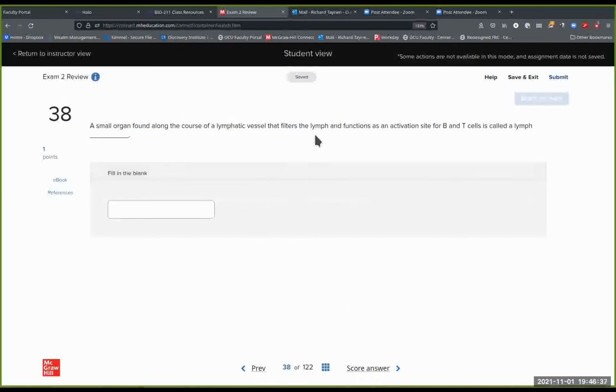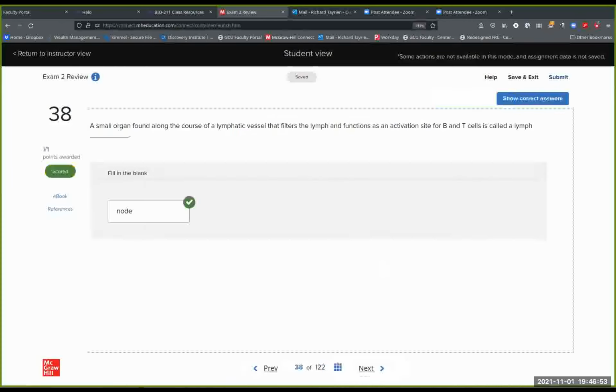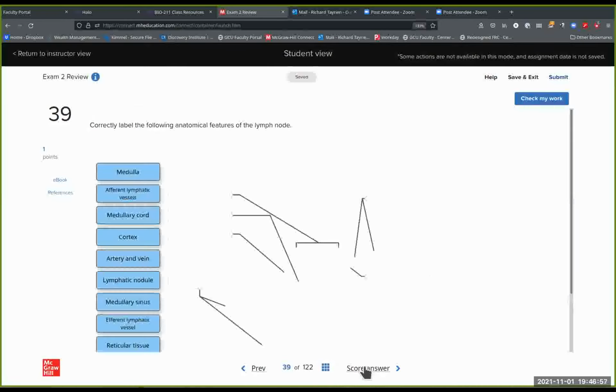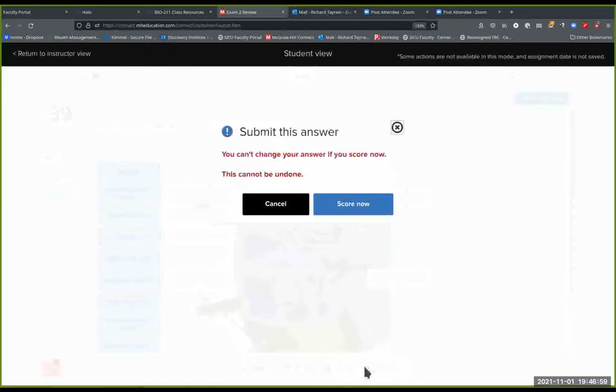Small organ found along the course of lymphatic vessels, filters lymph and functions in activation of B and T lymph cells, called a lymph node. Correctly labeling and following anatomic. Okay, we're not going to do that.